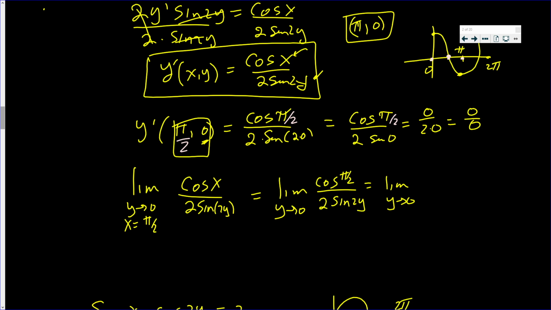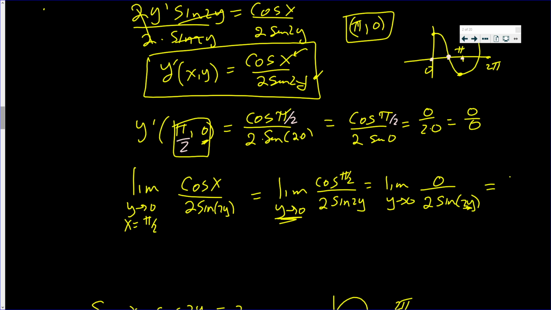Cosine of pi over 2 is a true 0. Over 2 times the sine of twice y. Well, if y is anywhere near 0, 2y will be near 0, but never 0.